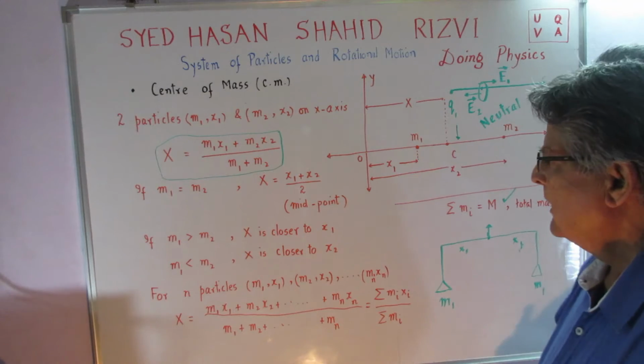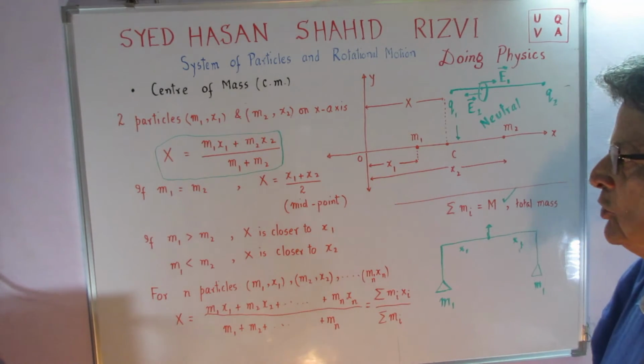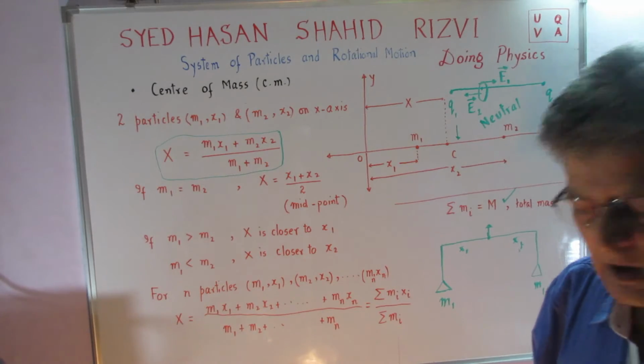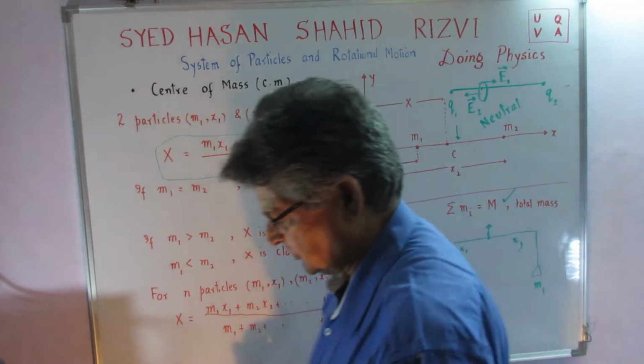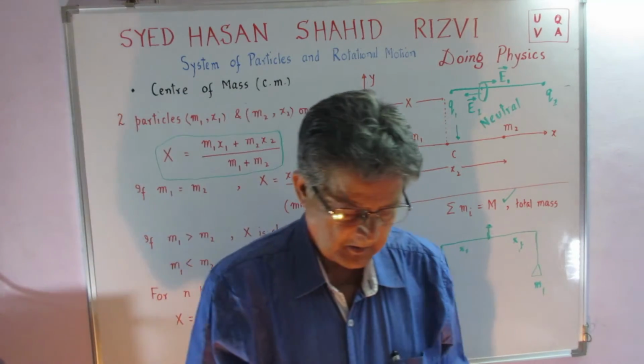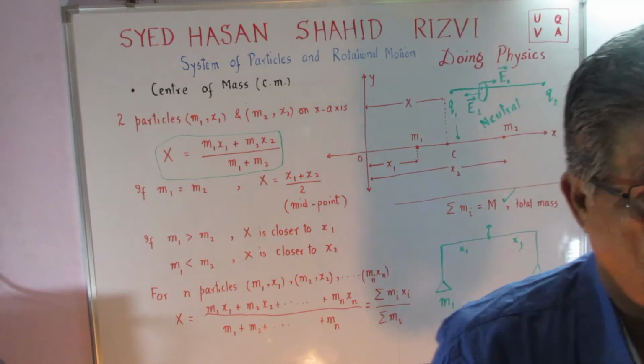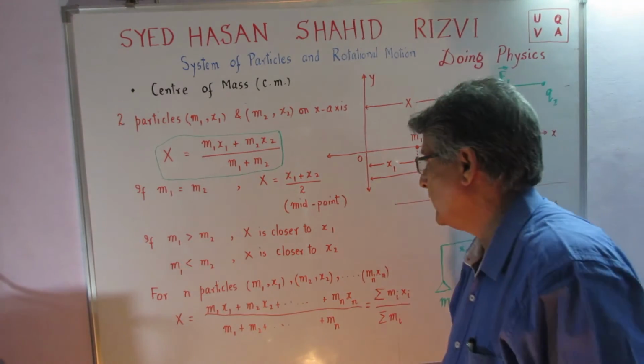Okay. Now we extend the case to 3 particles on the vertices of a triangle, and we see what happens to the center of mass and how it is the centroid.